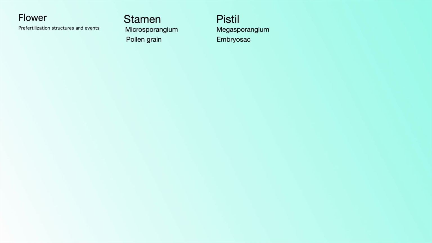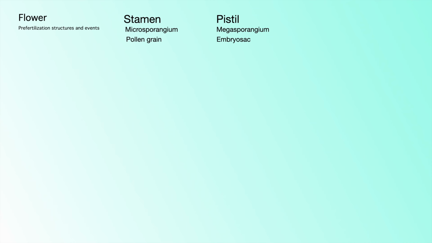Now we have discussed the number of pistils. Come to the megasporangia. Megasporangia, also called ovules, are attached to the placenta.